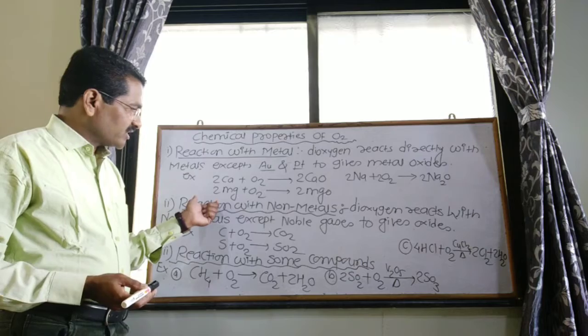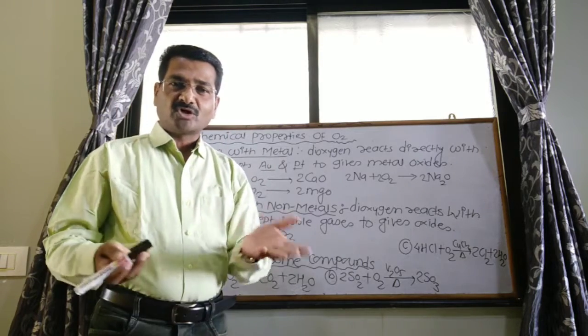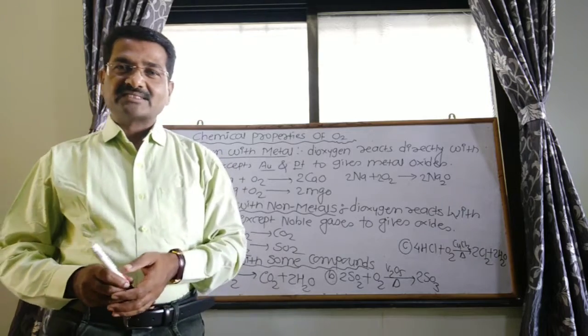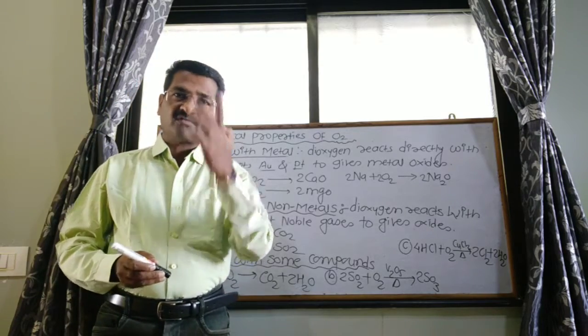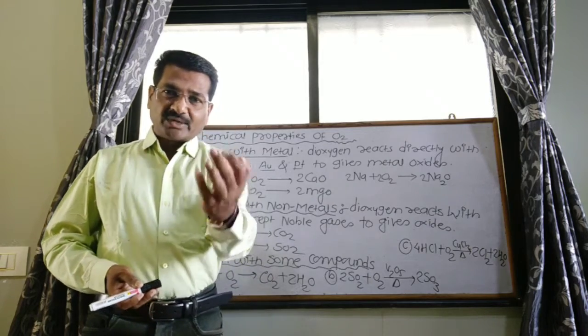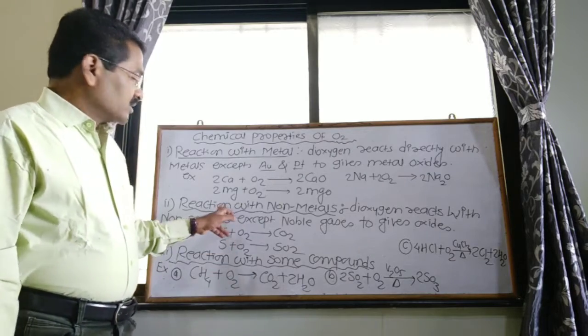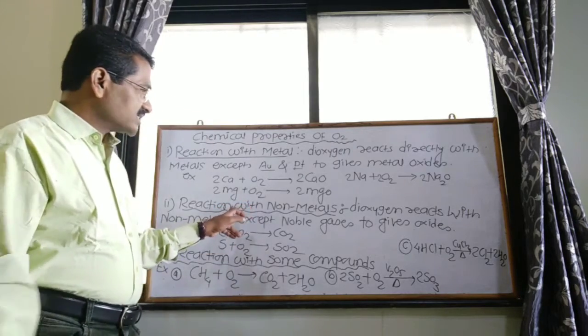Second, reaction with non-metals. What are non-metals? Those elements that can gain electrons for the completion of the octet, or which have a tendency to gain electrons, are called non-metals. So how does dioxygen react with non-metals?